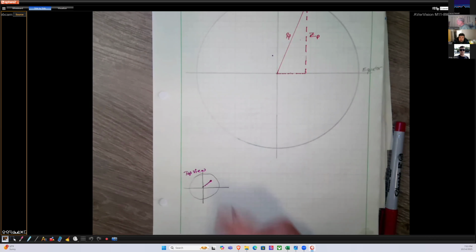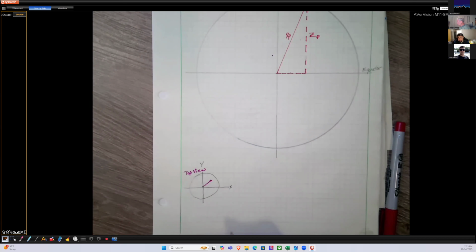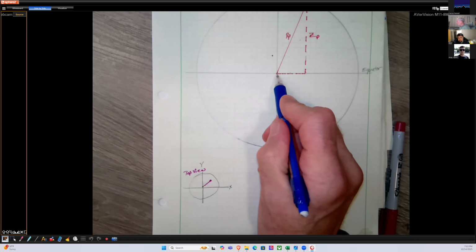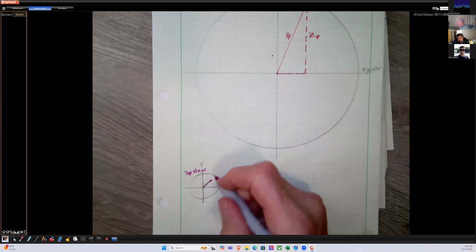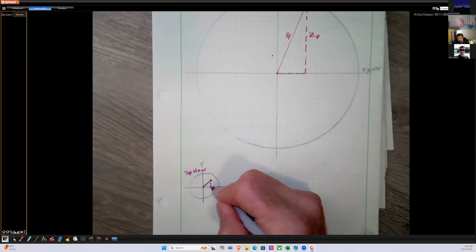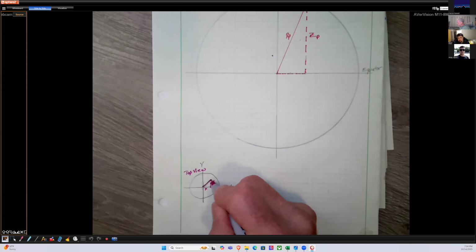Those would be our X and Y. So what would the length of this be? This is my Y value here. This is my X value here. What would the length of this line be?